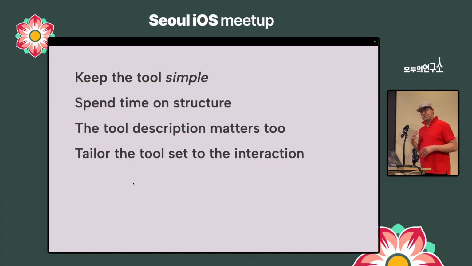It's just like if you're designing a public API for a library, you're now doing the same thing for a library that is not consumed by a human, but by a very limited capability model. So you need to spend an appropriate amount of time on the structure and make sure that you get your types right and the naming and the descriptions. Descriptions matter too, as I said. And yeah, tailor the tool set to the interaction.